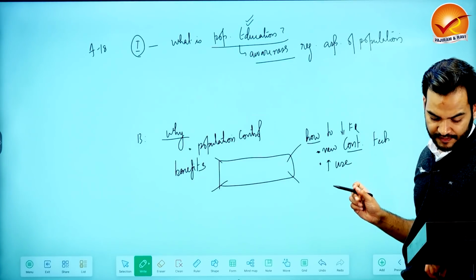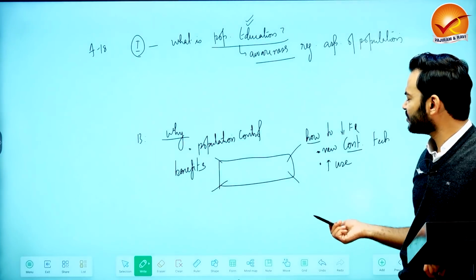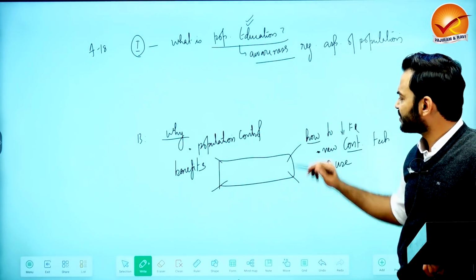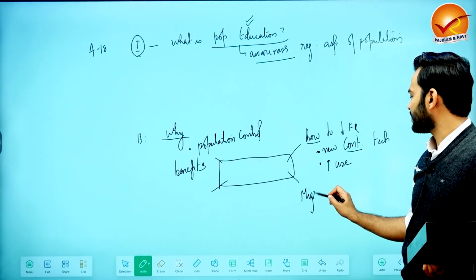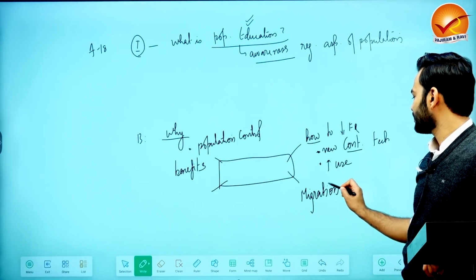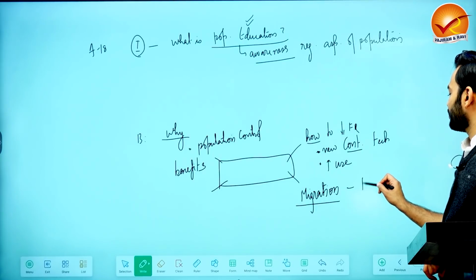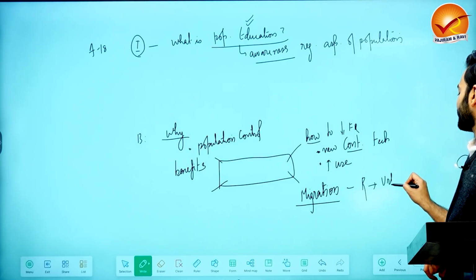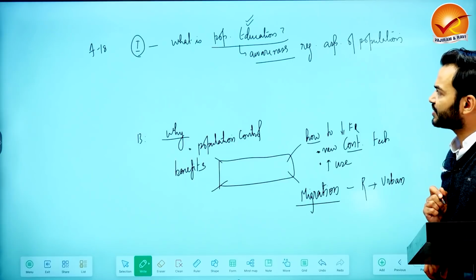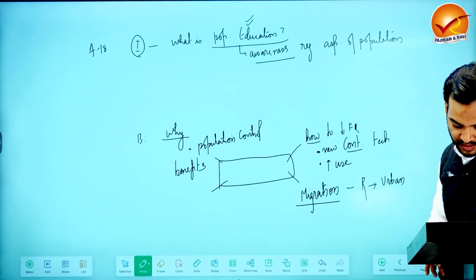Then population education also includes aspects related to migration, how to control migration from rural areas to urban areas. This is also a very important aspect of population education.